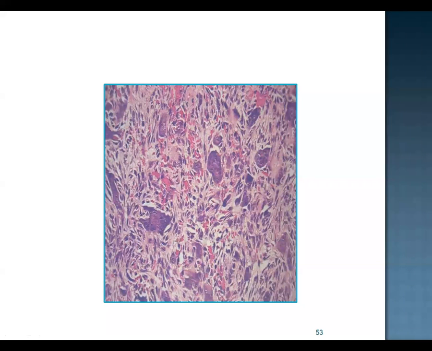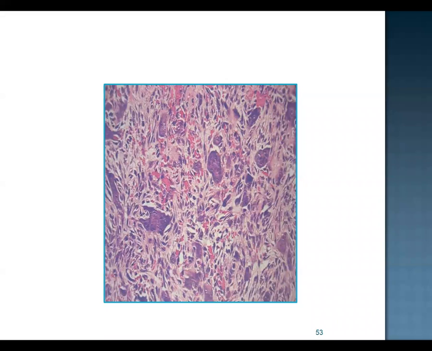You can see various shapes and sizes of the multinucleated giant cells: circular, elongated, or irregular in shape. The presence of giant cells can vary from 20 to 120 in number.